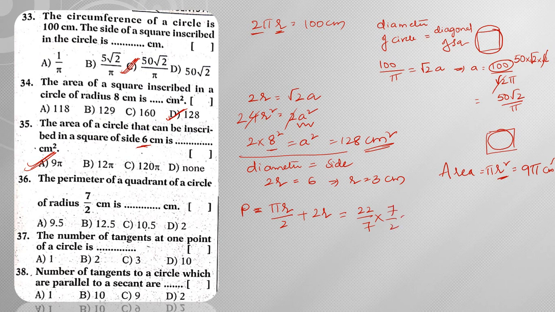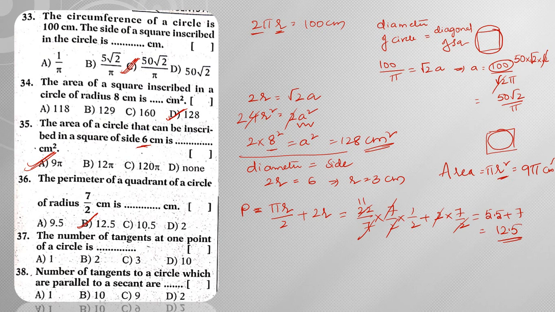Already there is a by 2, so that 1 by 2, plus 2 times r, which is again 7 by 2. Now cancellations: 7 and 7 get cancelled, in the 2 table 22 goes 11 times, and the 2 and 2 get cancelled. So 11 by 2 is nothing but 5.5 plus 7. So 7 plus 5 is 12, so this gives me 12.5. Hence the answer is 12.5.